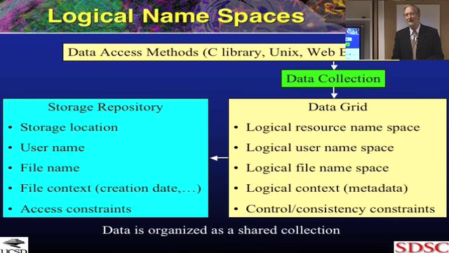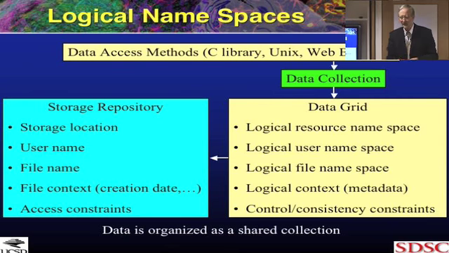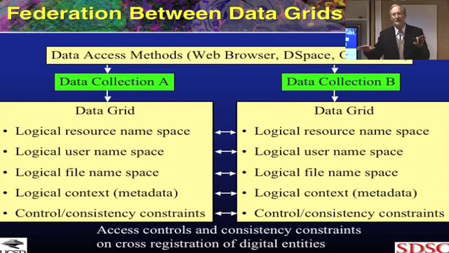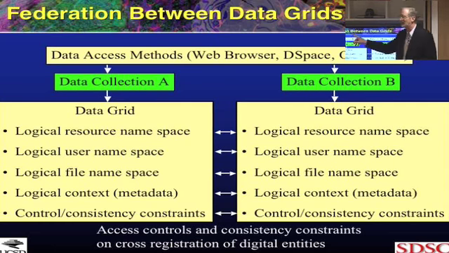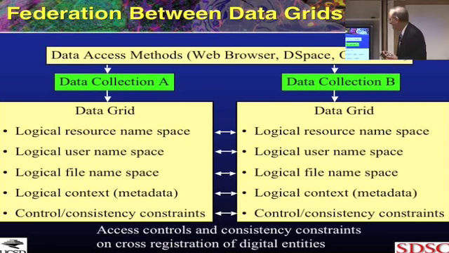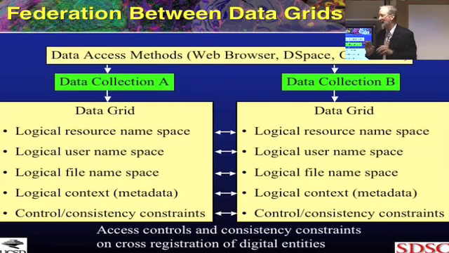We go one more level of indirection, because it's not only that we have to map from the logical names the data grid is managing to the actual storage locations of the physical storage device, but we can also do this mapping between data grids. So if we build a preservation environment at the National Archives, they're controlling all of their namespaces independently of the rest of the world. They can map their names to the namespaces used in San Diego for the second data grid, and they can decide which of these namespaces will be mapped from one site to the other, and what access controls are going to be shared between the data grids.